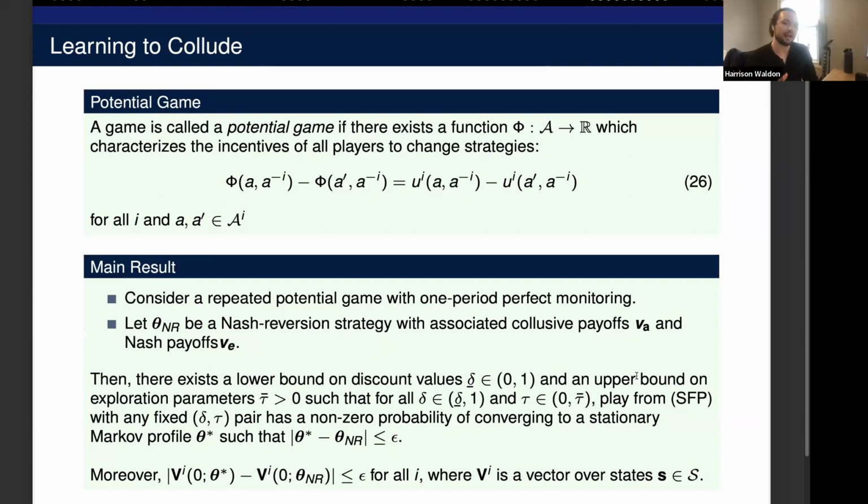So we guarantee that this algorithm, smooth fictitious play, will converge to rest points of the continuous time system, and rest points of the continuous time system may be collusive. So this algorithm has a non-zero probability of truly converging to collusive strategies.